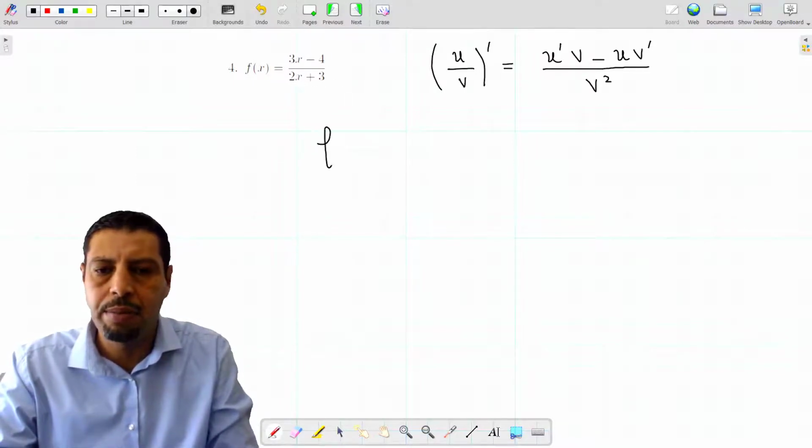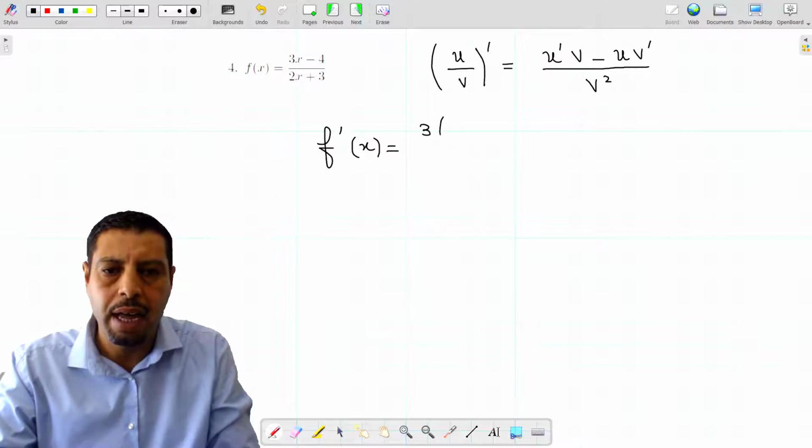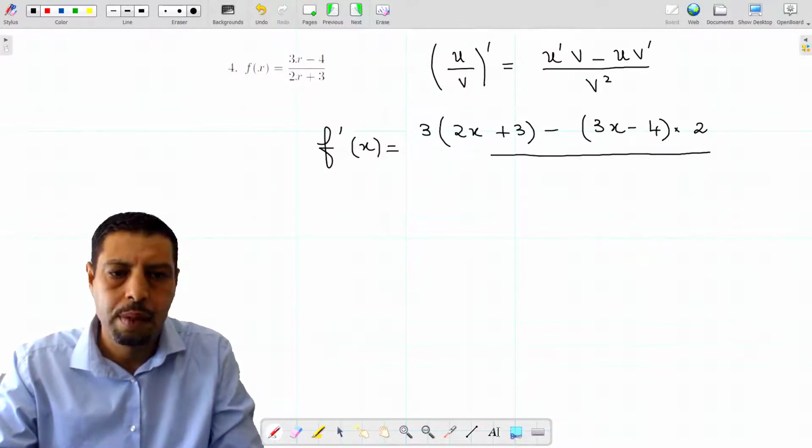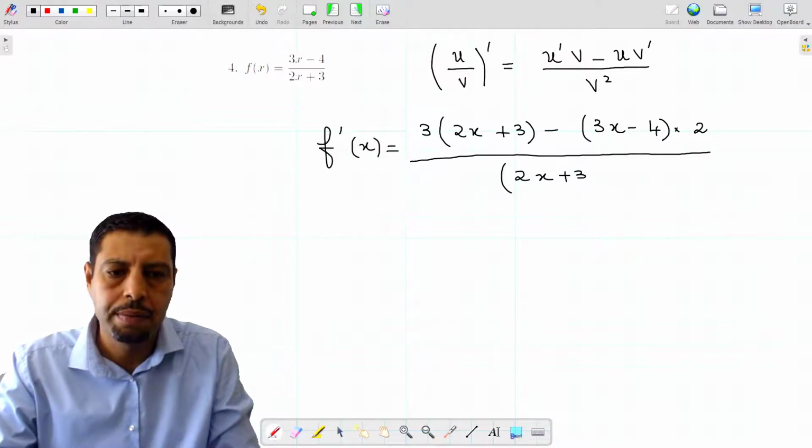So let's apply this formula, and we're going to obtain f prime of x equals the derivative of 3x minus 4, which is 3, times 2x plus 3, minus u v', it means 3x minus 4 times v', which is the derivative of 2x plus 3, which is 2, over v squared, it means (2x plus 3) squared.